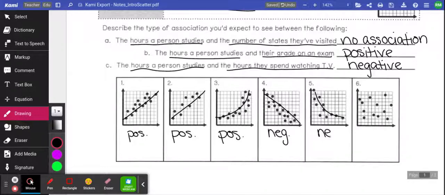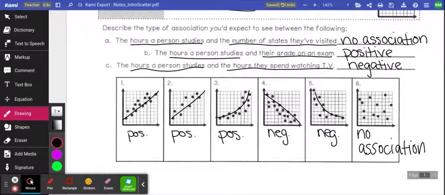Negative. I heard it. And the last one. No association. I want to abbreviate this one. Might not be a good word. Okay, so we got positive, positive, positive, negative, negative, no association.